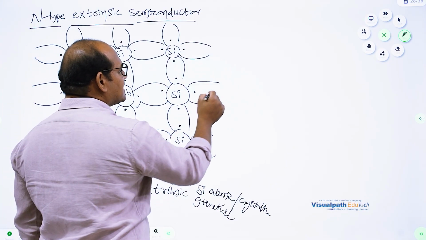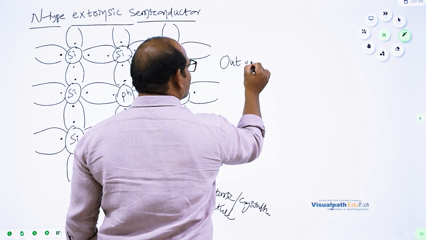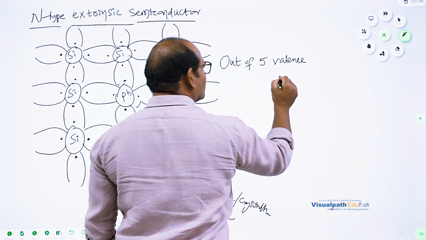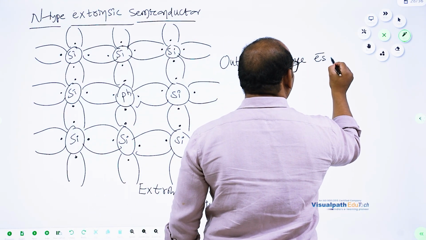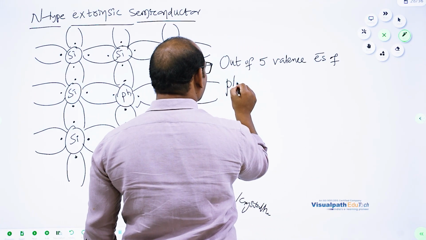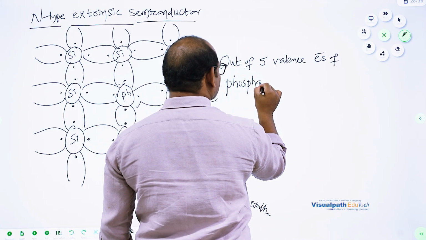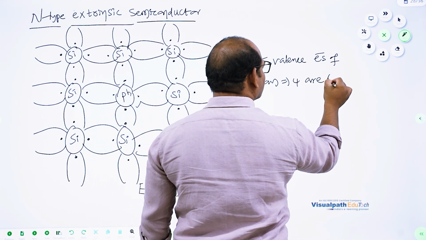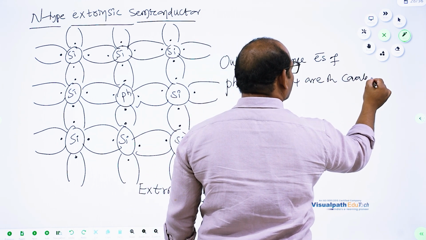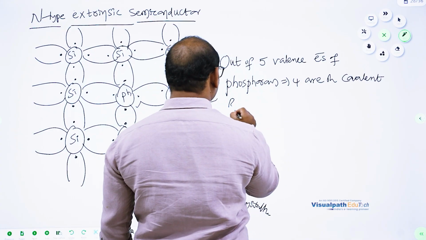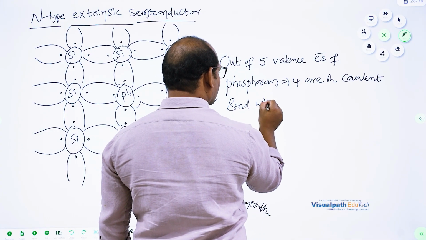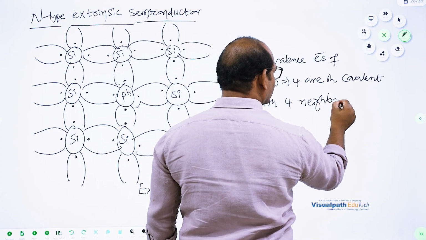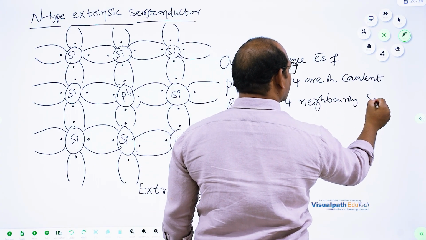Out of 5 valence electrons of phosphorus, 4 are in covalent bonds with 4 neighboring silicon atoms.